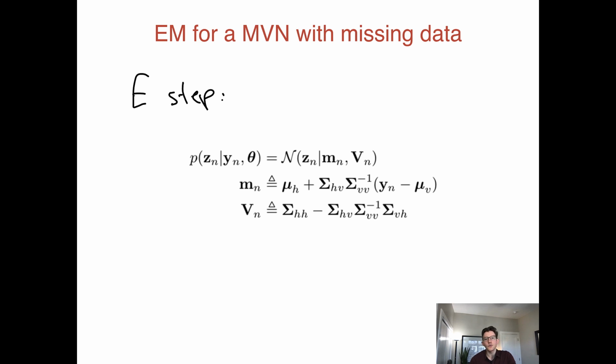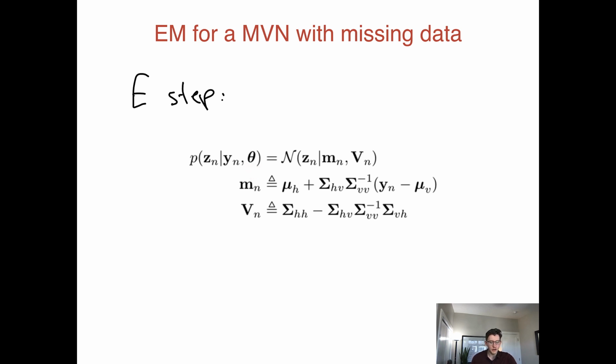And it turns out if you use those, you end up with this, which is that we find that zn is distributed according to a multivariate normal with these two parameters here. We're using m and capital V because these are kind of empirical mean and covariance rather than a mean and covariance that we're learning in our parameters.